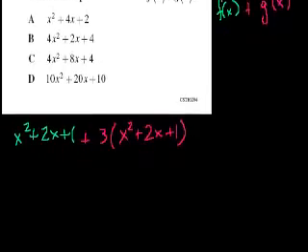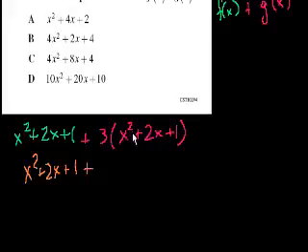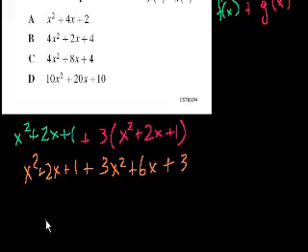But then from here, we just have to simplify this all out. And I'll do that in a third neutral color. Do this in brown color. X squared plus 2x plus 1 plus, distribute the 3, 3x squared plus 6x plus 3. And now let's see, you have an x squared and a 3x squared.